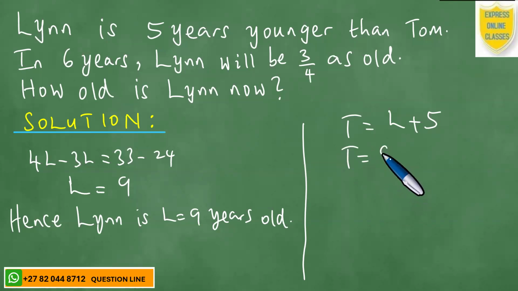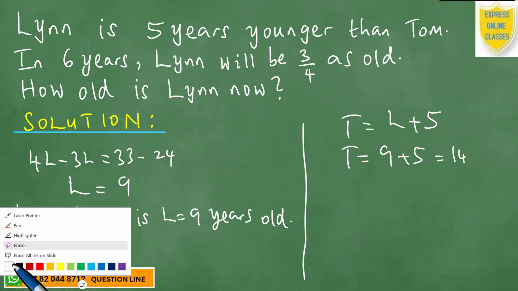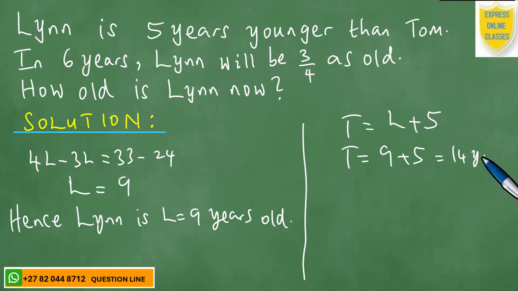Therefore it's 9 plus 5, and the result is 14 years. So Tom is 14 years old now, and Lynn is 9 years old.